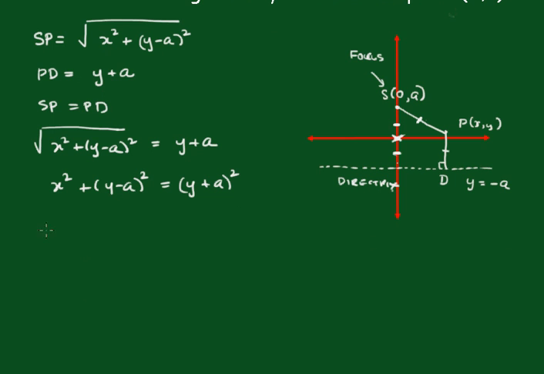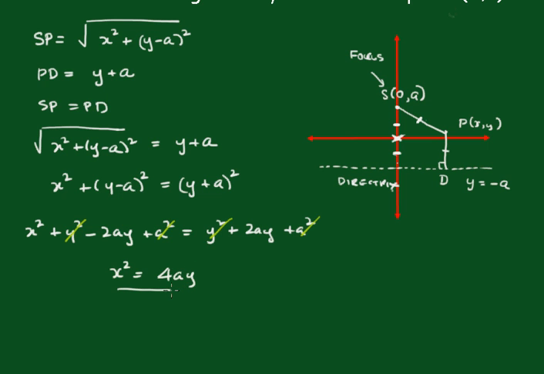Now removing the brackets, we get x squared plus y squared minus 2ay plus a squared equals y squared plus 2ay plus a squared. Now we can see from that these y squareds will cancel out, and so will the a squareds. And now we take that minus 2a across the other side, and we get x squared is equal to 4ay. That's the equation.